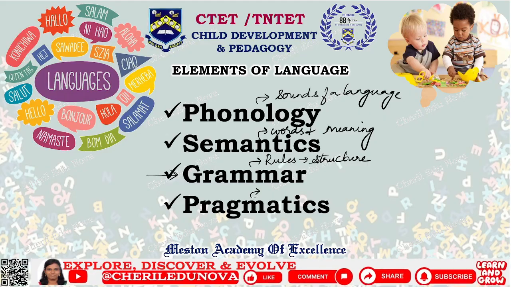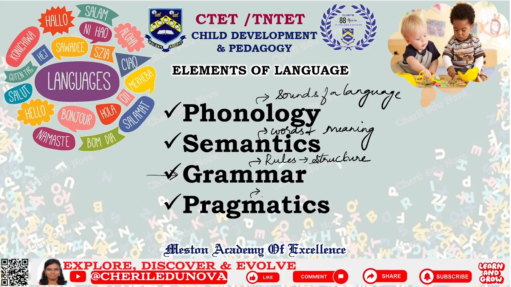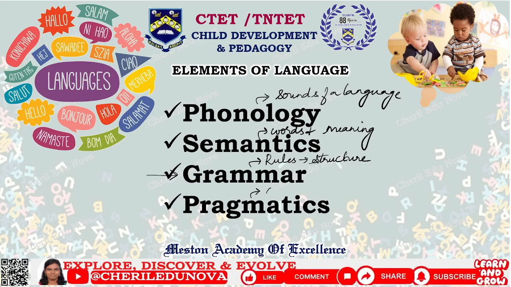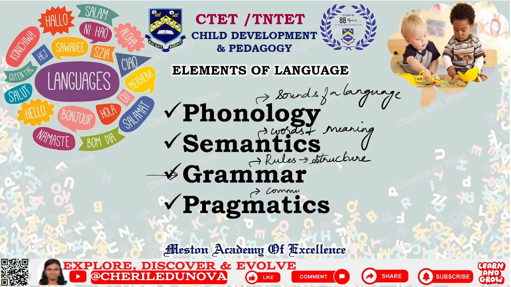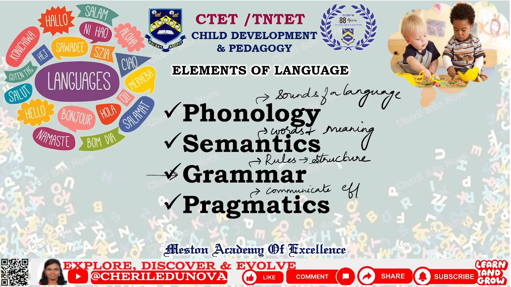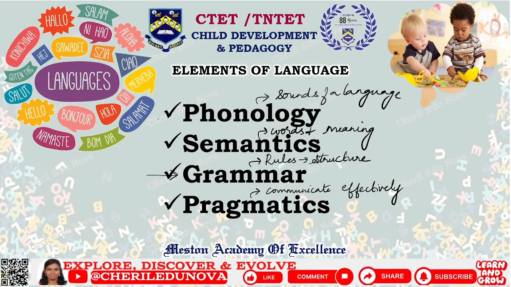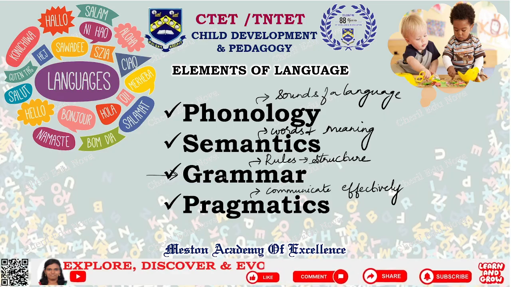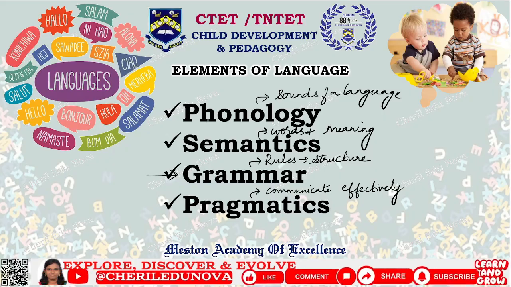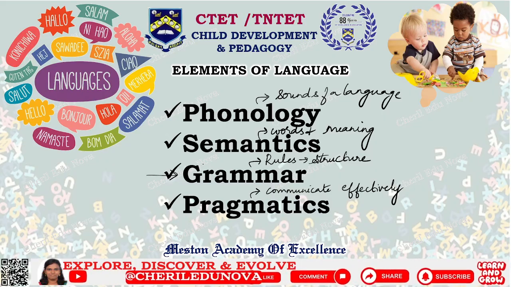Pragmatics, immediately you will remember the word practical. It is how people use the language to communicate effectively. So these are the elements of language: phonology, semantics, grammar, and pragmatics. The building blocks of language are the phonemes, the sounds.